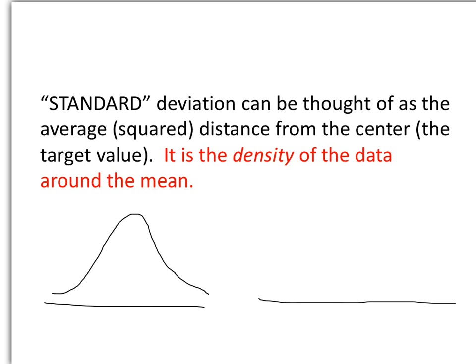On the other hand, if you have a large standard deviation, then your curve is going to be a little bit more flattened and spread out because your values are further apart and your set is larger in its range.